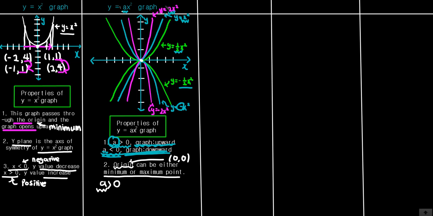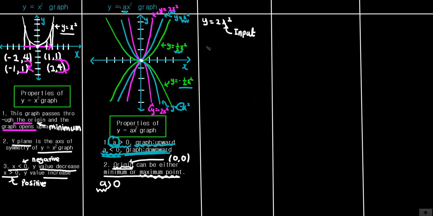And let's think about this case through y equals 2x squared. The x term in this case is the input of our function. I'm going to show many kinds of quadratic function graphs from the basics and compare all of them. So whenever we input the value of, let's say, negative 1, it will be 2 times negative 1 squared, which turns to 2 times 1, and that gives us an output of 2.